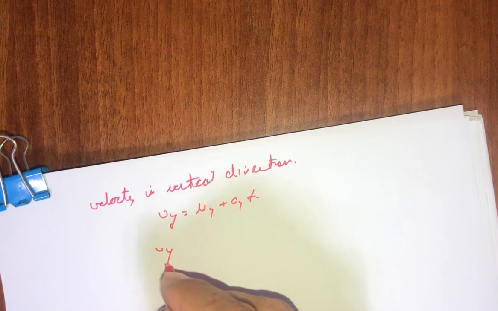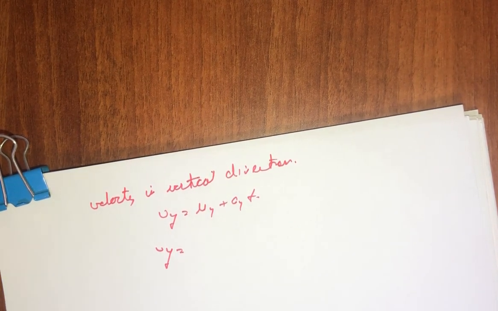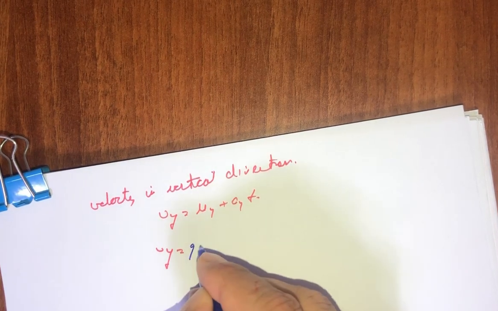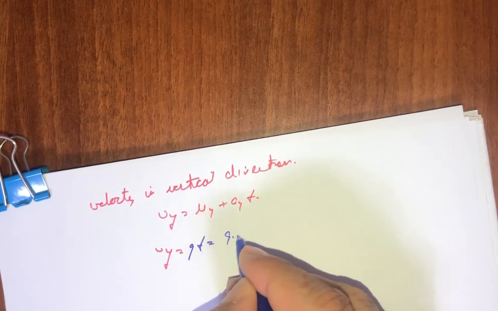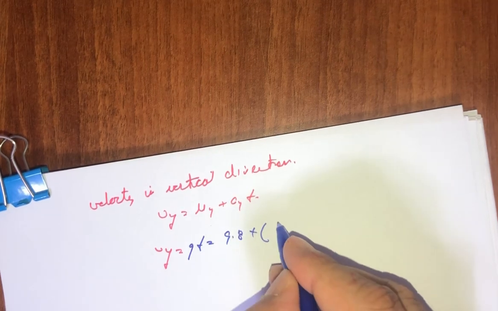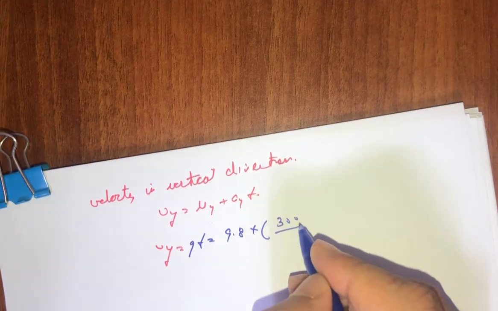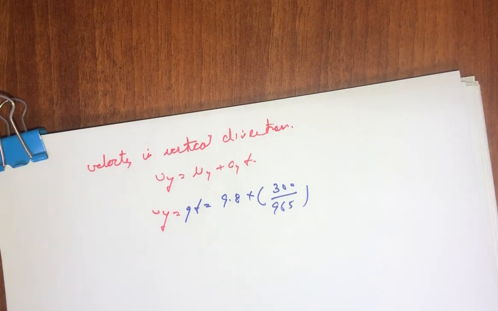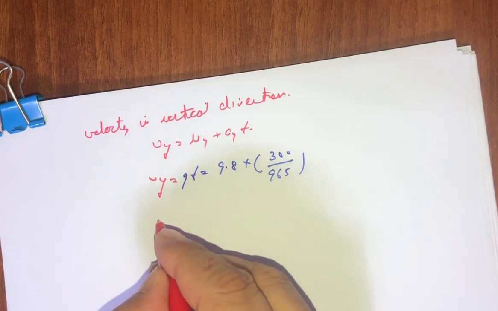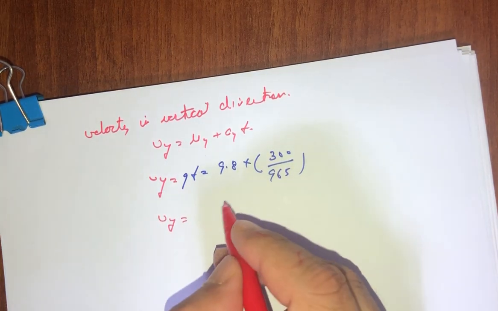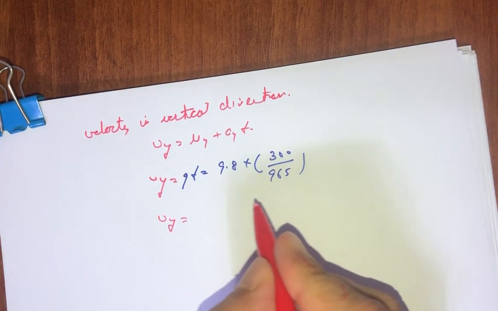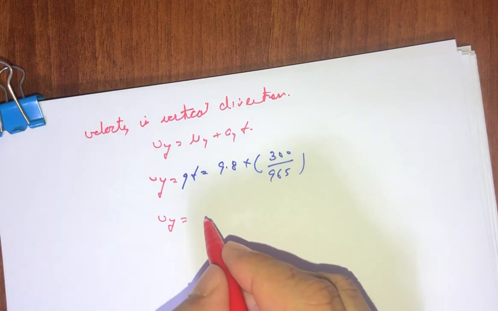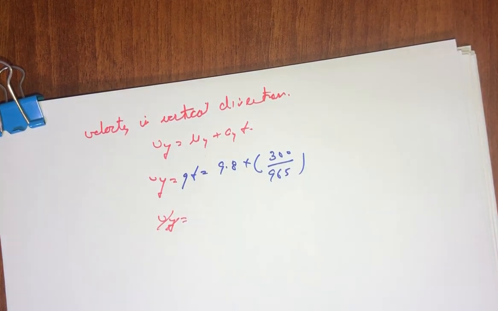So Vy is equal to g multiplied by T. G is 9.8 and time is 300 divided by 965. So we get Vy, let it be like this only. We are directly going to solve it.